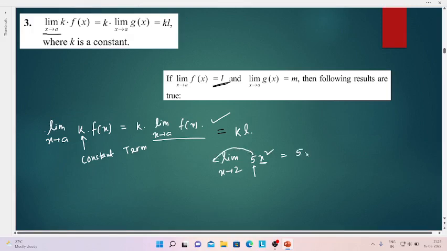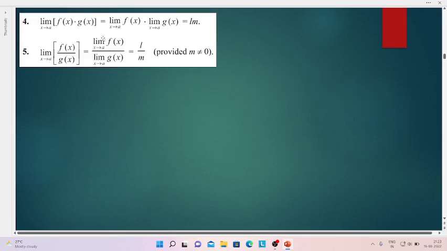So that will become 5 times the limit as x tends to 2 of x squared, which is 5 times 2 squared. That will be 4, so 4 times 5 will become 20, right? So this is also very important. If a constant term is multiplied with a function, then we can take that constant outside of the limit, and we can take the limit with only the pure function of x, right? Let's move to the next slide.